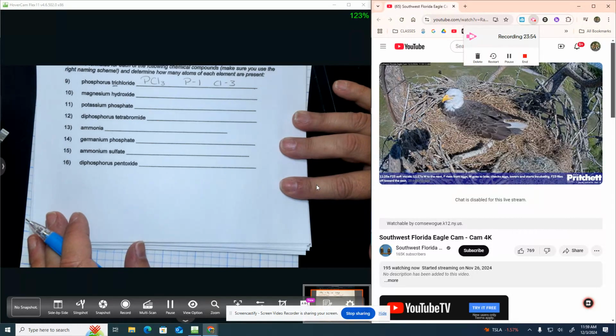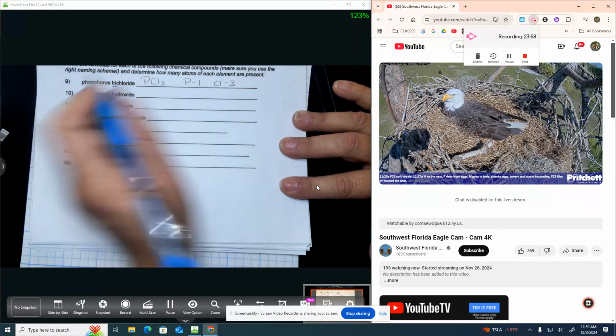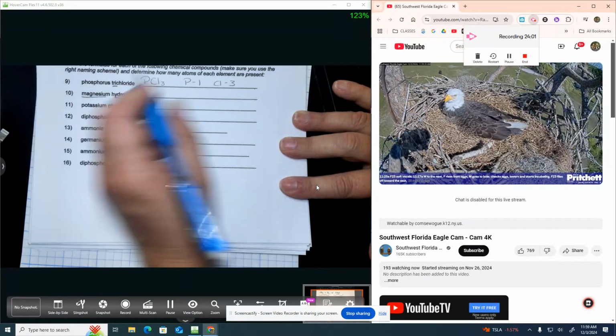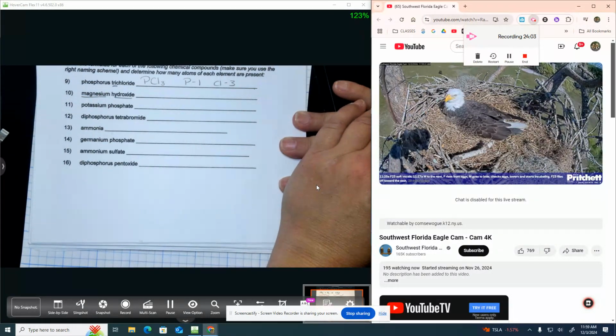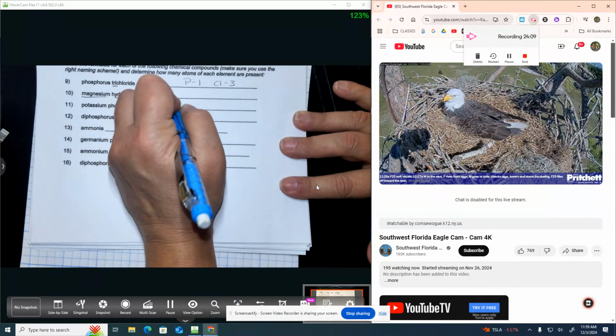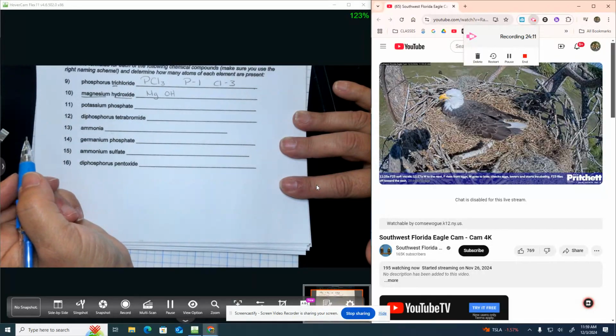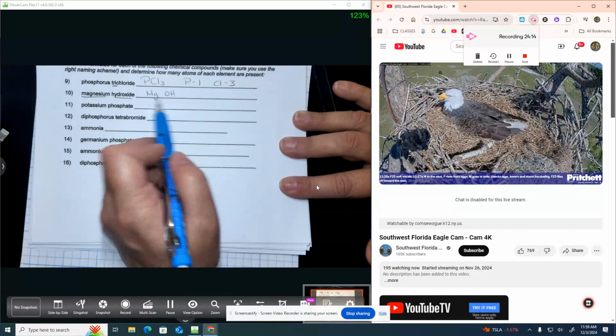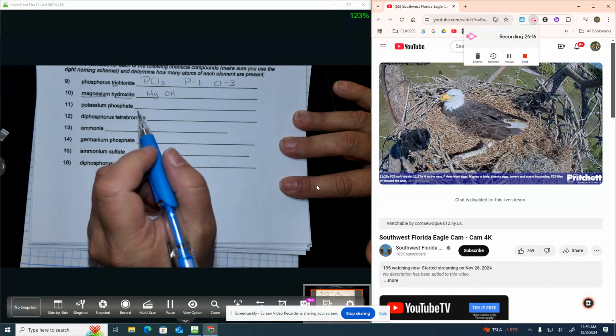All right, let's do the next one. Is it ionic or covalent? Ionic. It is ionic. Magnesium is a metal. What's hydroxide? OH minus, which is a polyatomic ion. So we've got magnesium and we've got OH. Am I done writing this formula by just sticking those down? What do you have to do?